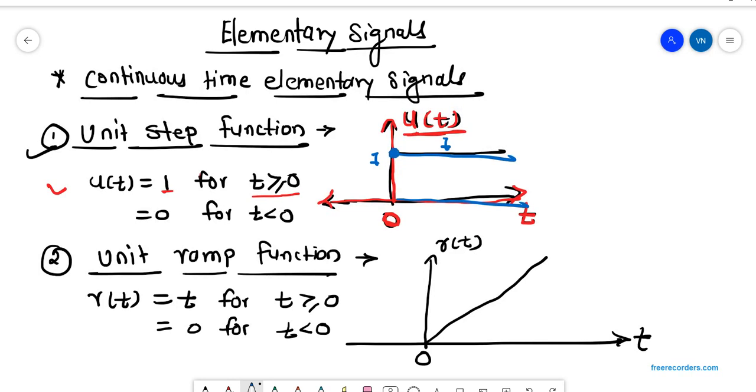So that is the condition for the unit step function. And for t less than 0, means for all these values the amplitude become 0. Okay, so this is a function of unit step function.